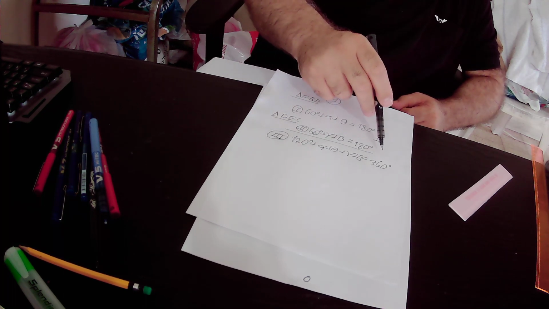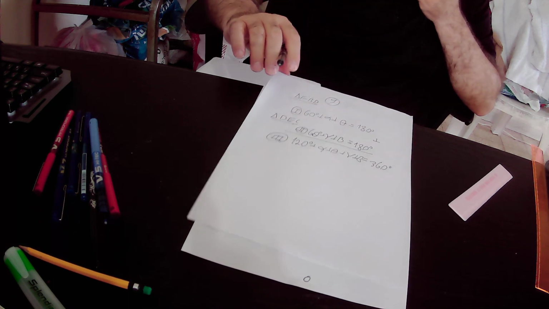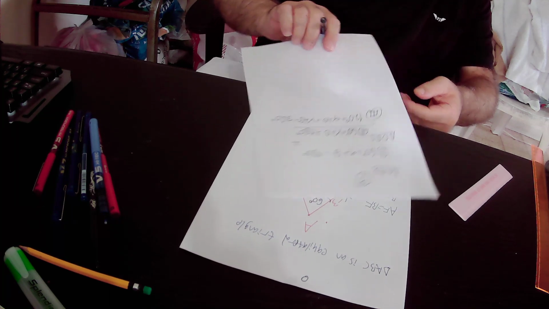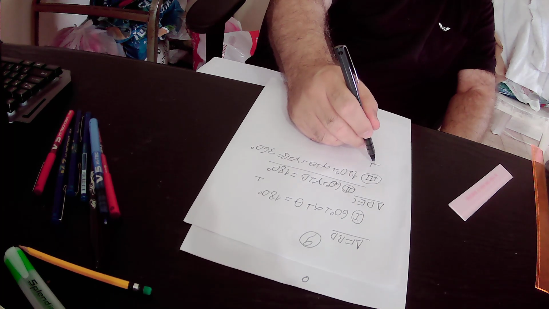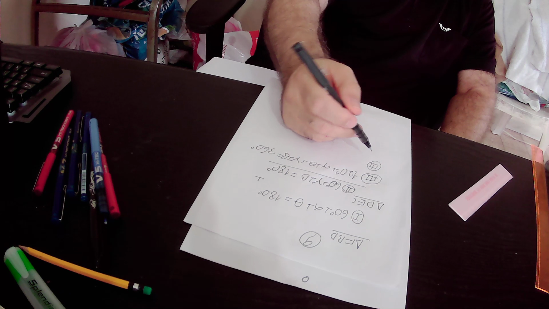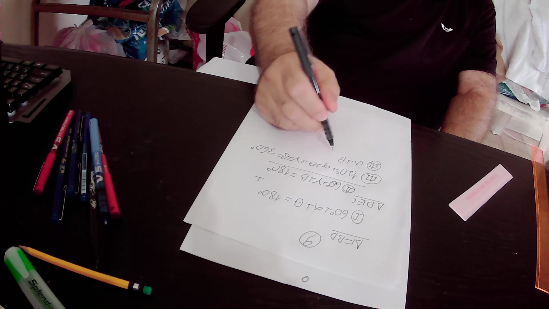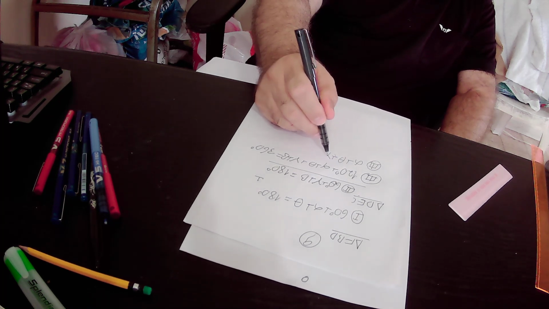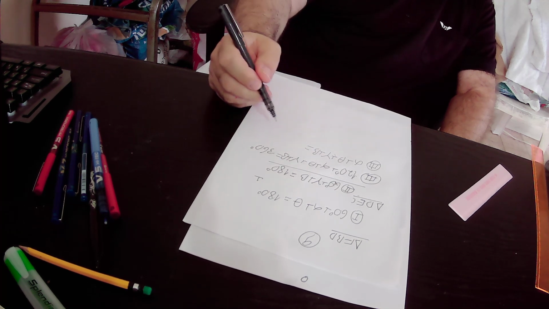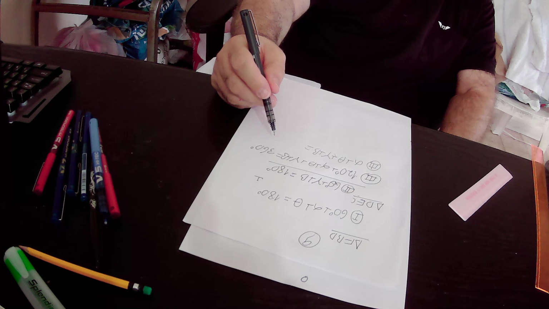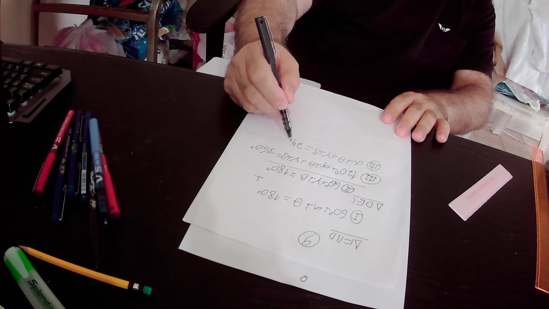Here we can subtract 120 degrees from equation number 3. After we subtract 120 degrees, we will get that alpha plus theta plus gamma plus beta equals 360 degrees minus 120 degrees, which is 240 degrees.